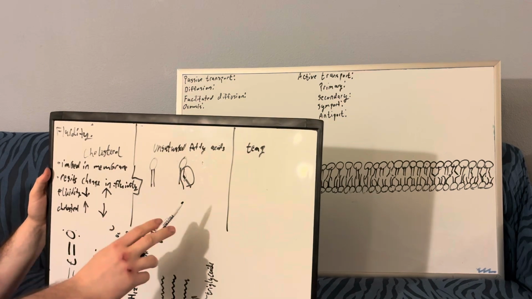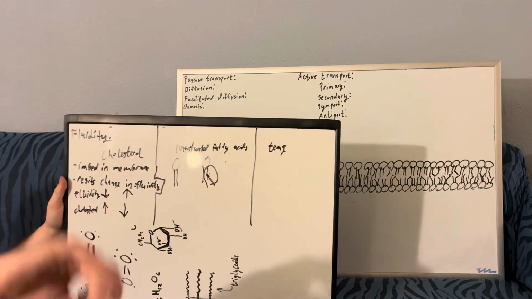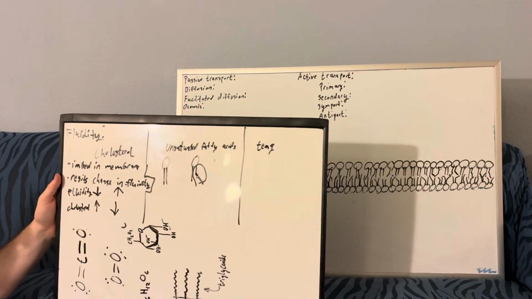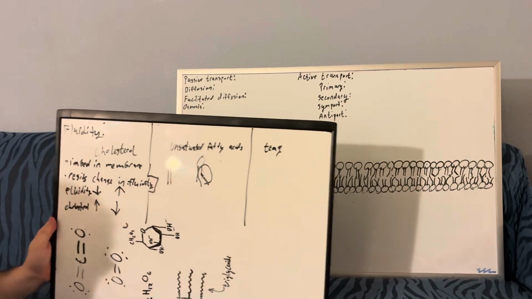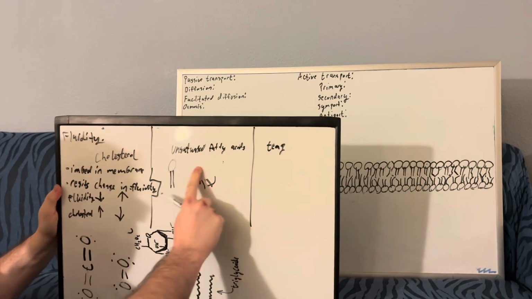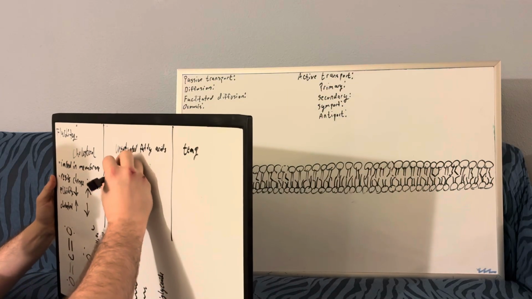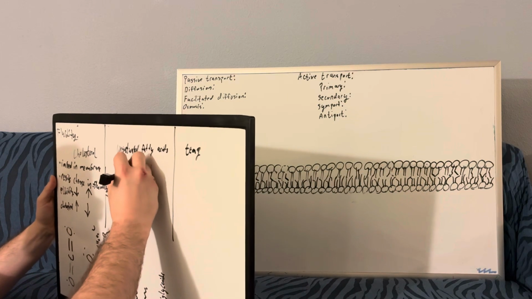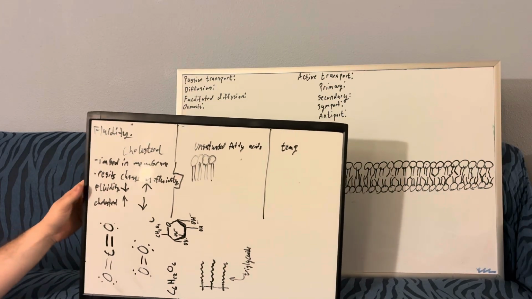That's happening because the carbons are not fully saturated by hydrogen. You don't need to worry about why. It creates a little kink. So I want you to imagine if I have no unsaturated fatty acids in my phospholipids. Look at this. They can pack really tightly together, which is going to decrease fluidity.